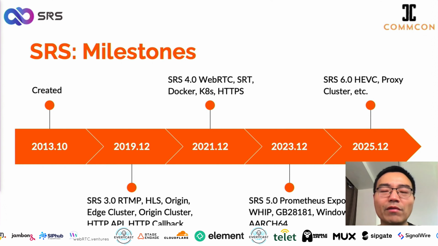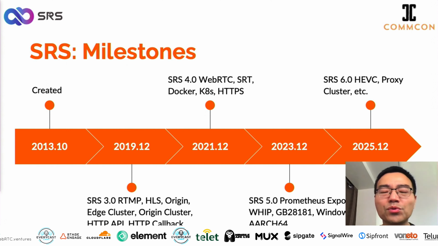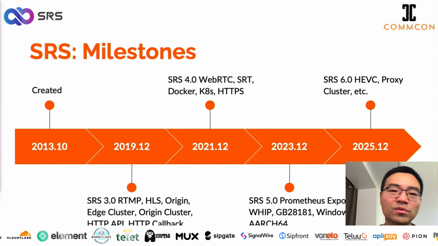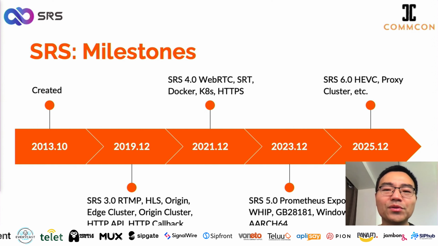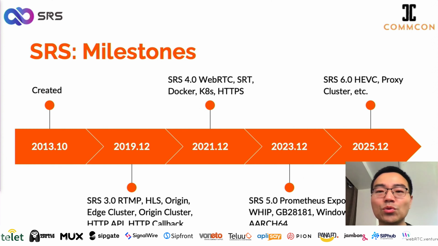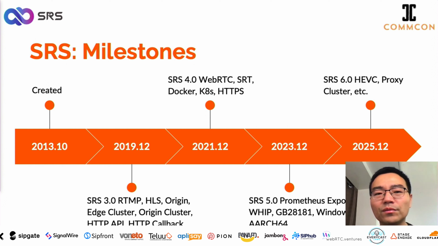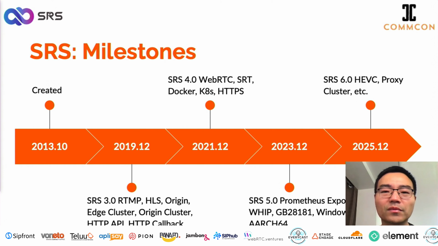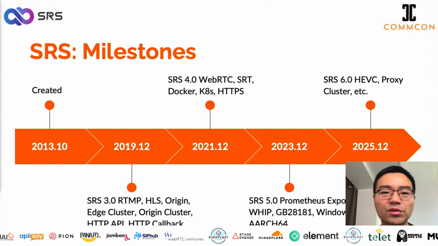Many other media servers don't have good logging support for live streaming, which is crucial for debugging, because live streaming involves long-term sessions with multiple log lines and concurrent sessions on a server. So filtering logs for debugging a specific session is very difficult.